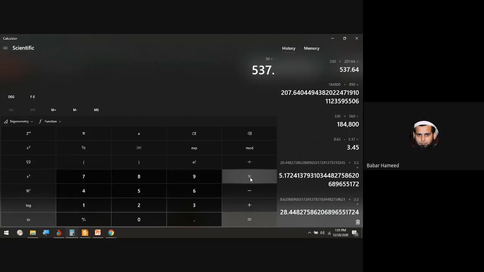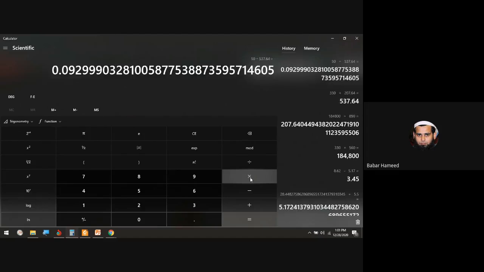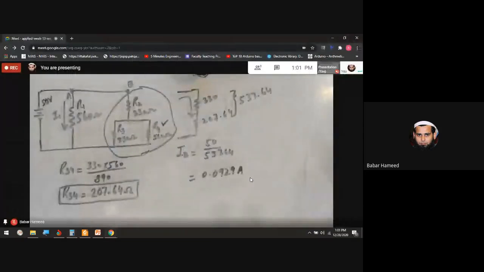This is equal to 0.0929 ampere, which will be equal to 92.9 milliampere, and that will be the value of IB.